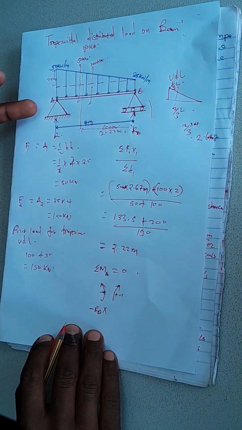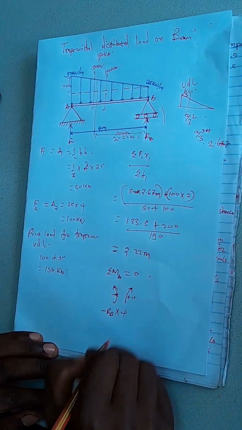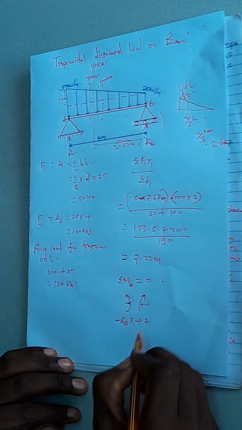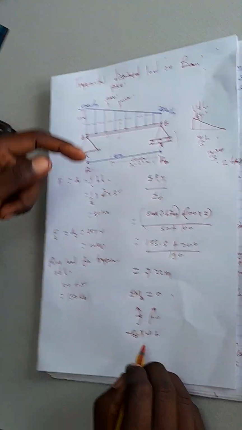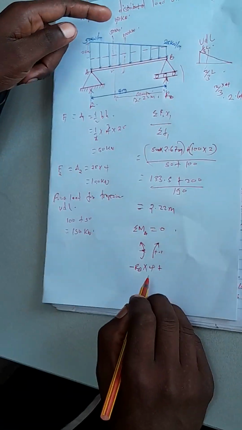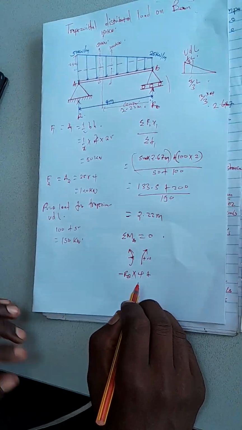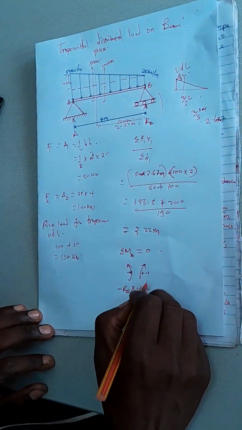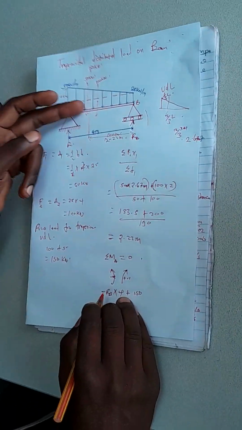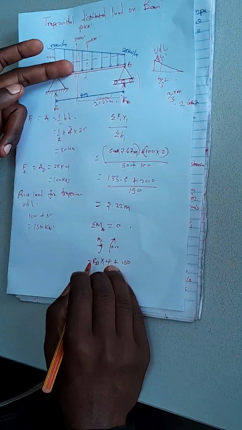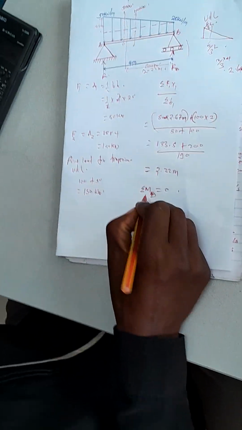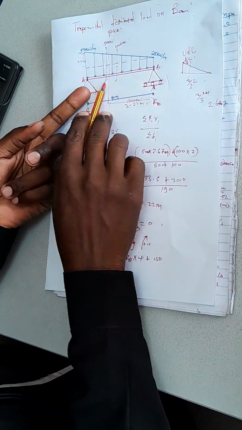So RB times the distance, which is 4, plus the point load, which is 150, times the centroid. Let's take it about B because we have calculated the centroid from B, right?